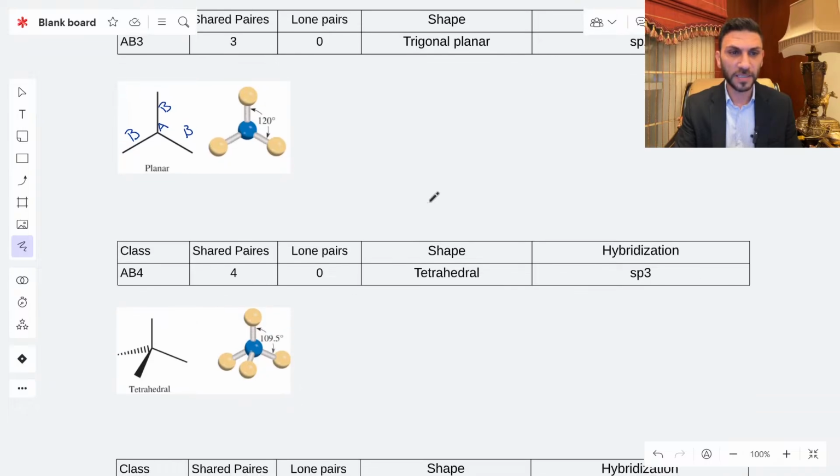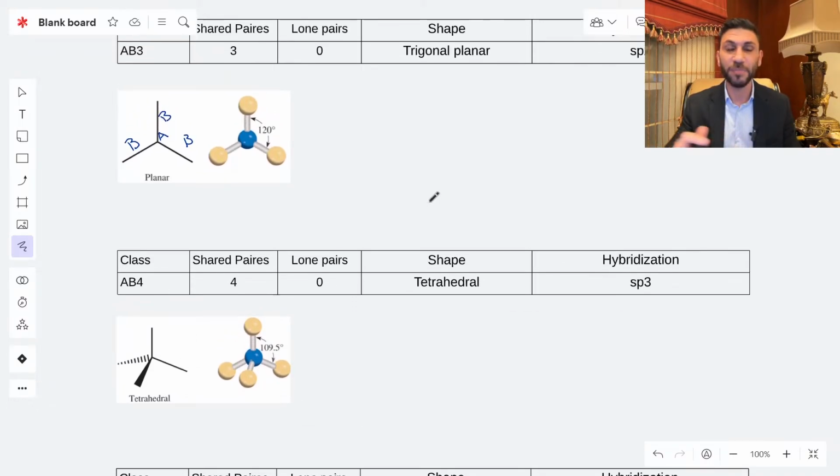The third class is when we have AB4 now. In AB4, we have 4 shared pairs, 0 lone pair, so the total number of pairs are 4. So the hybrid orbital should be s, p, p, and p, so it's going to be sp3. And the shape is tetrahedral.